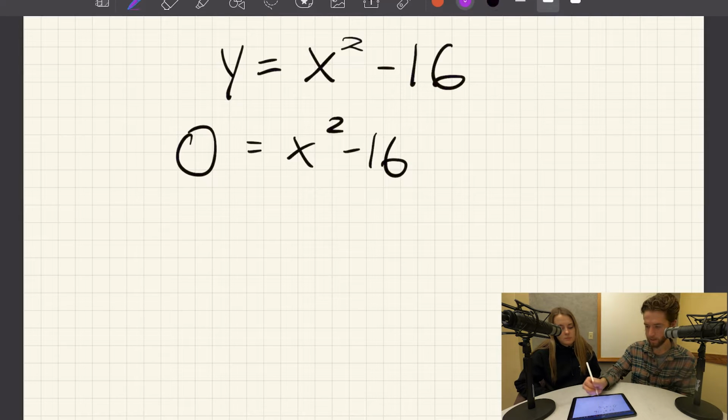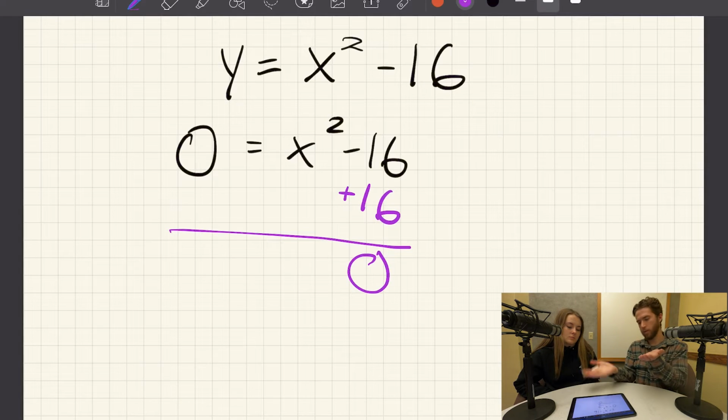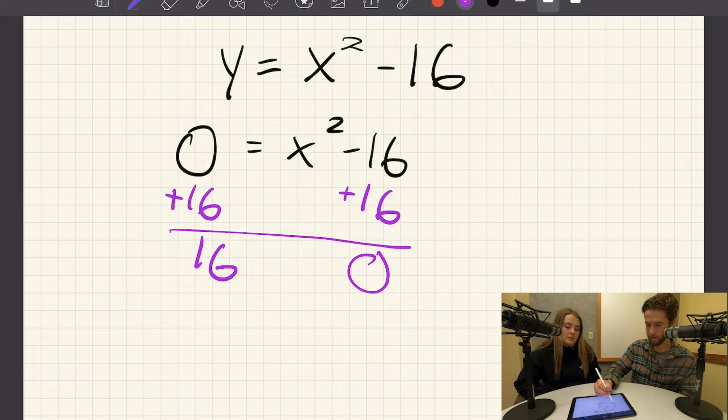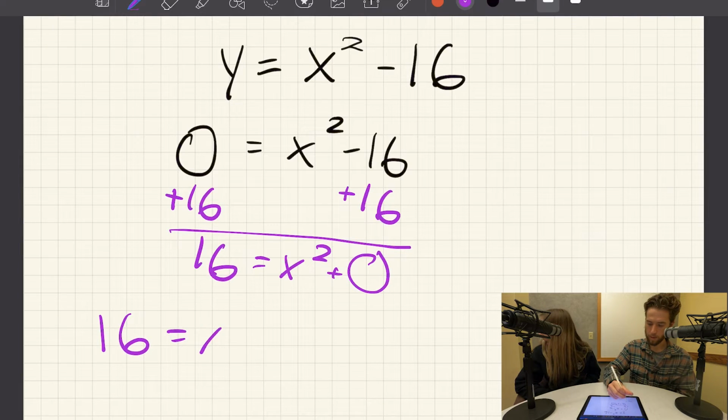I don't want this 16 over here, so I can cancel out a 16 by adding 16. What's negative 16 plus 16? 0. Then if I do something to one side, do it to the other side here. So 0 plus 16 equals x squared. So now we see, 16 equals x squared.